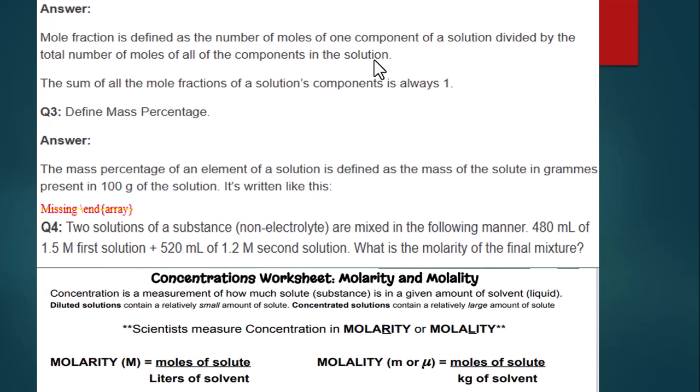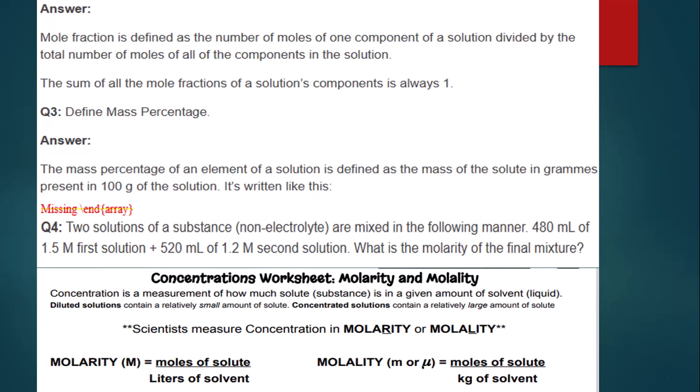You take the number of moles of the one of interest and you divide by the total number of moles of every solute that was dissolved inside of that solvent. Remember it's a fraction, and whenever you add all the fractions, they have to equal a whole number, which is 1. So the sum of all the mole fractions of a solution component is always 1. It's always equal to a whole number because they are fractions, they are divided, and when you add all the total, they have to equal 1, which is the entire thing.